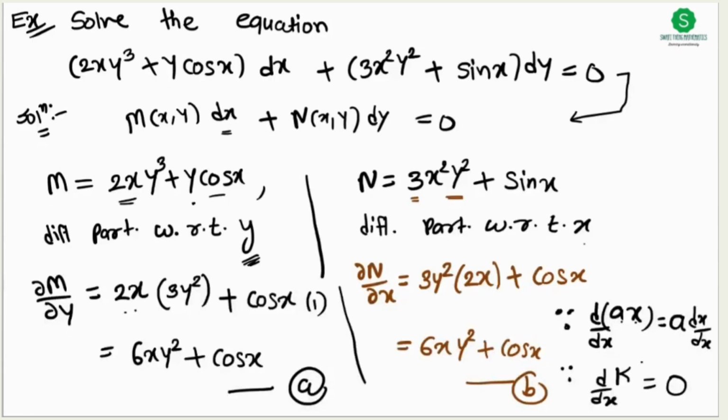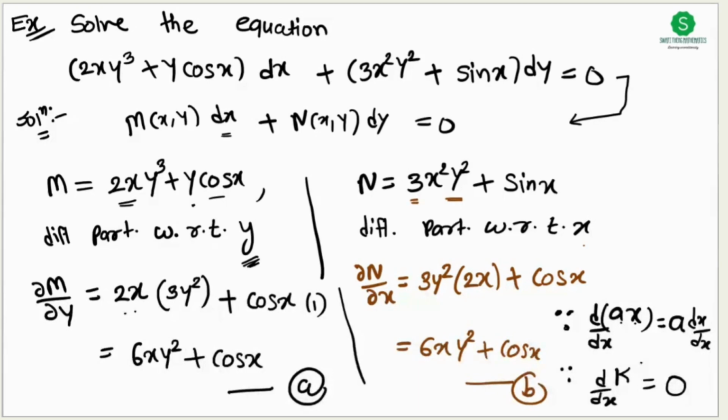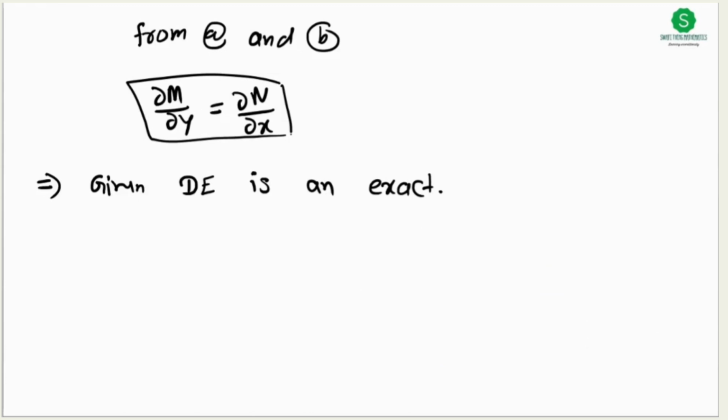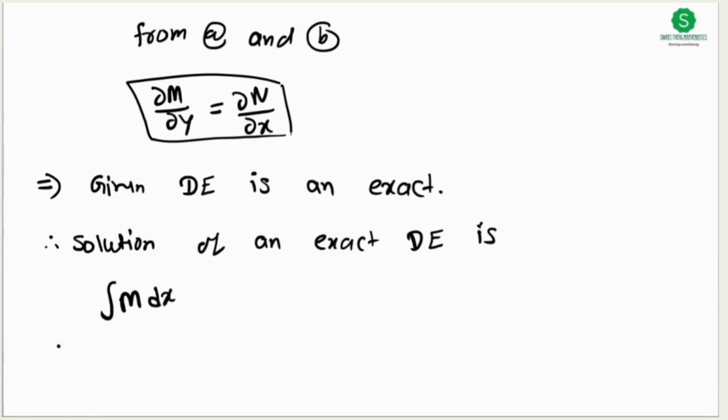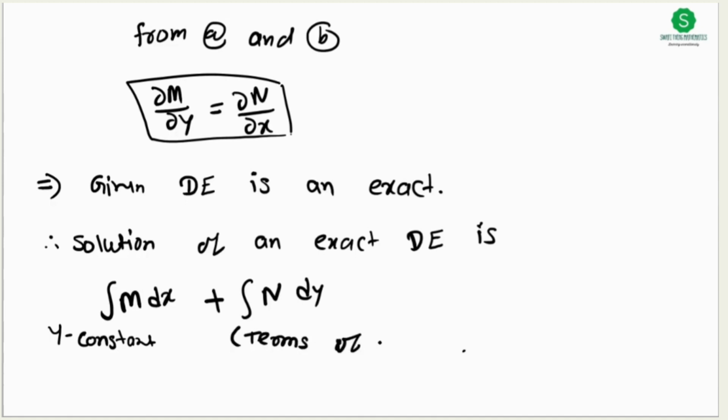And we know that if our differential equation is exact, then the solution of an exact differential equation is the integration of m dx, we have to take y as a constant, plus integration of n dy, terms of n not containing x, equal to the integrating constant c.